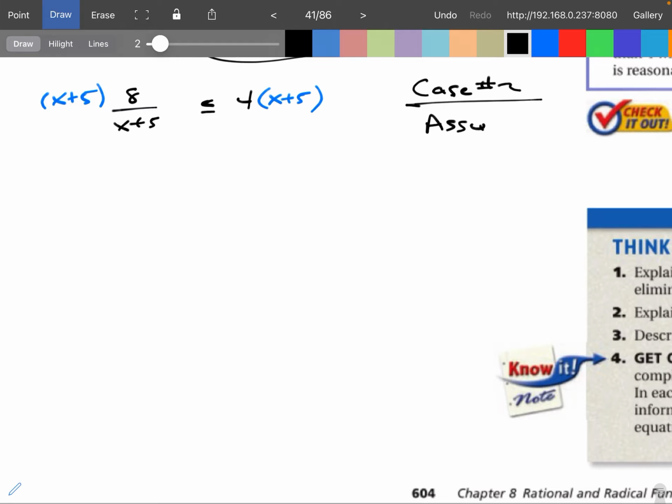And case number 2 is we're going to assume that the quantity x plus 5 is negative, or less than 0. Okay? So what I just did then is I just multiplied this side right here. This is a negative.